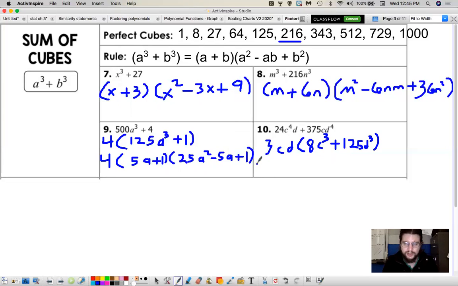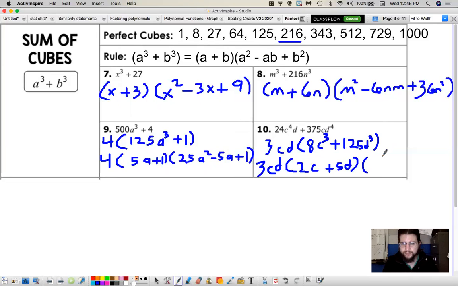Write down your GCF, just stick it out front. Cube root of 8 is 2, cube root of C cubed is C, so that's A. Cube root of 125 is 5, cube root of D cubed is D, that's B.